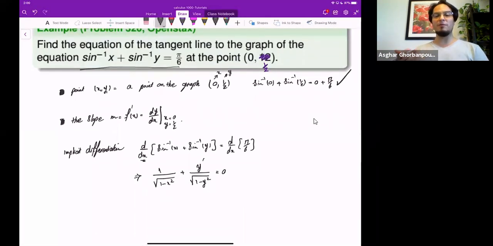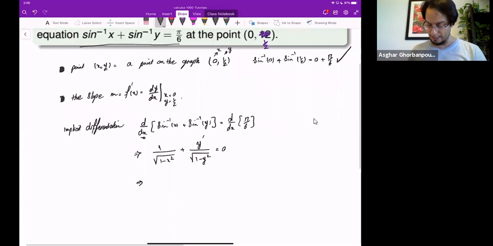Now we have to find y prime. You can either find y prime itself and then plug in, or plug in x and y and then solve for y prime. Here I will do the second method.